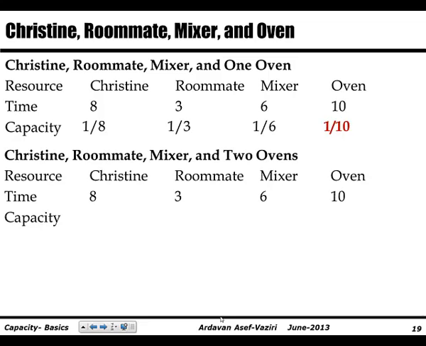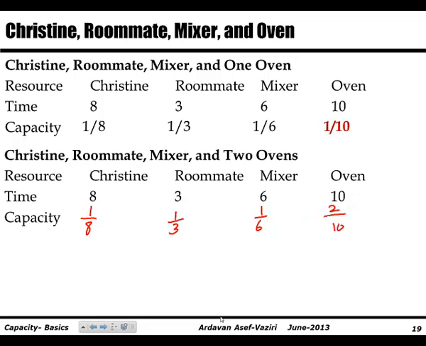Now suppose I have 2 ovens. Again, capacity here is 1 over 8 per minute, 1 over 3 per minute, 1 over 6 per minute, 1 over 10 per minute for one resource unit, but because this resource pool contains 2 resource units, the capacity of the oven is 2 times 1 over 10, which is equal to 2 over 10.